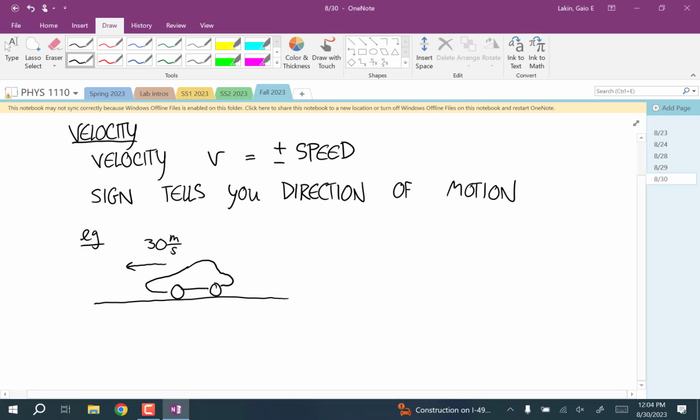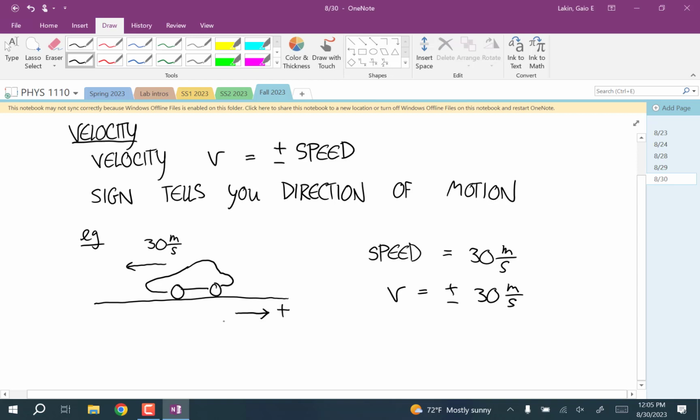And let's say that we have chosen our positive direction to be this way, okay? The speed of that car at that instant is 30 meters per second, okay? The velocity is plus or minus 30 meters per second, and then you have to think about which direction it's moving.